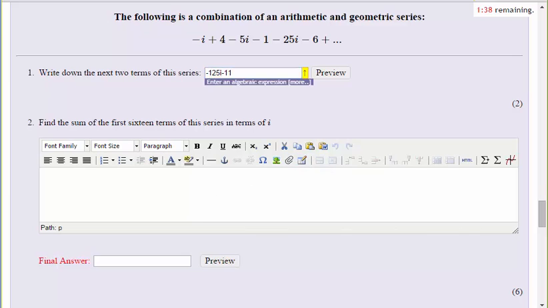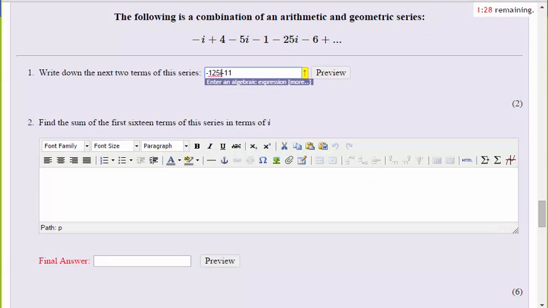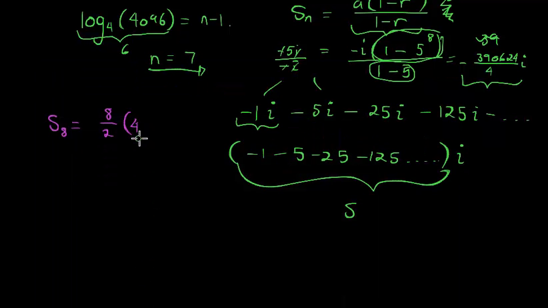So we also have to do an arithmetic series. Yes, so we have S of 8 terms of the arithmetic series, 8 over 2. The first term for the arithmetic series is 4. And then it's 2 times 4, which is 8, plus n minus 1, which is 7, times d, which we said was -5.